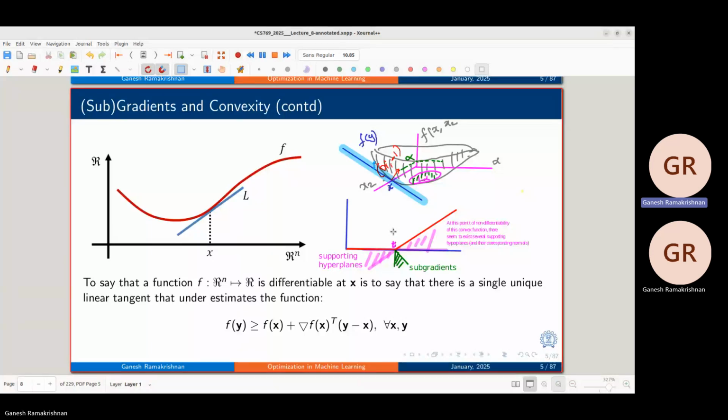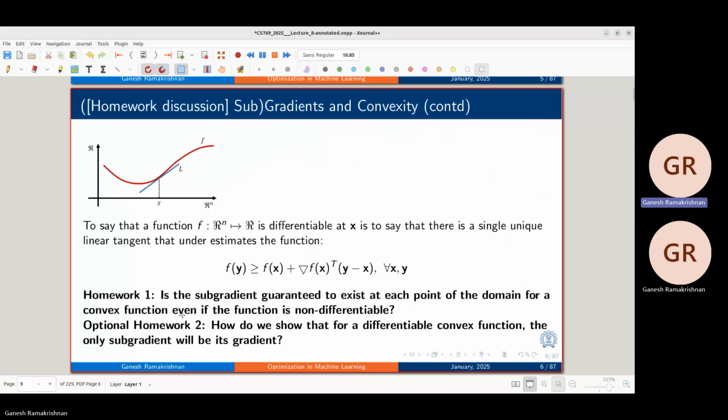Actually, nabla-F is going to be denoting what we call the space of subgradients, the subdifferential. So is this intuition clear? The simple example. Otherwise, what I've shown at the top is what happens when your function is differentiable everywhere. Then you have just a unique supporting hyperplane and a unique gradient or subgradient. Okay, so some questions.